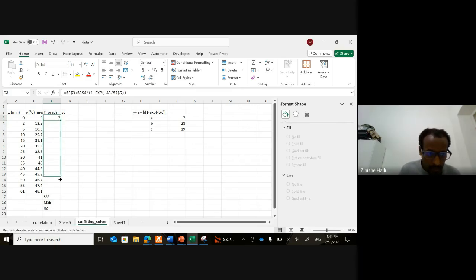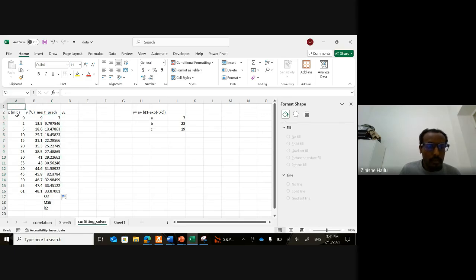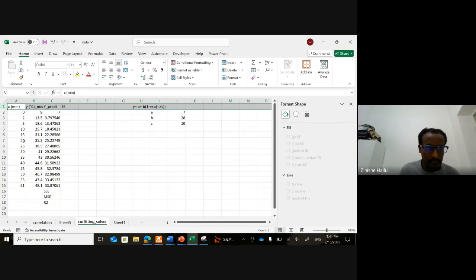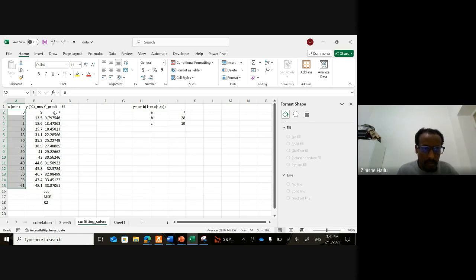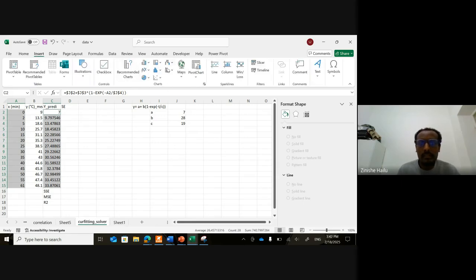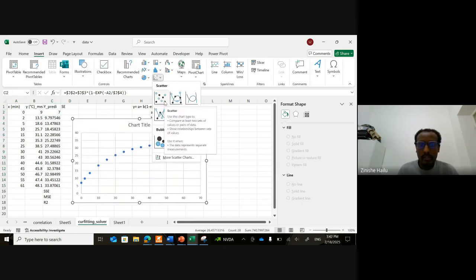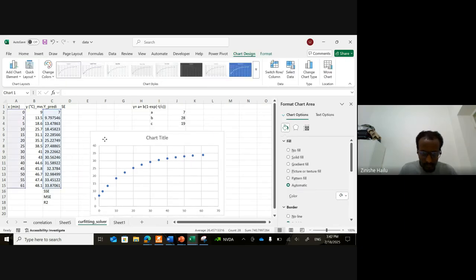After that we can drag the result so we can make a plot. Let's say this is the predicted value, and this is the time. We insert this one, and then we get this.